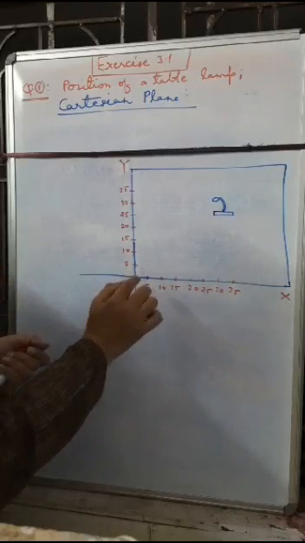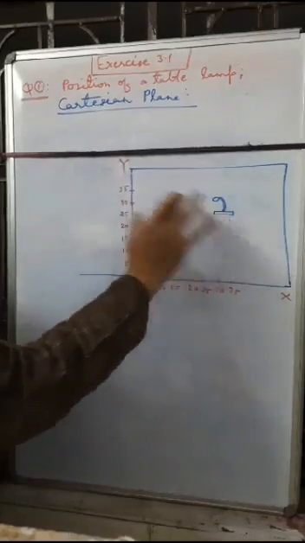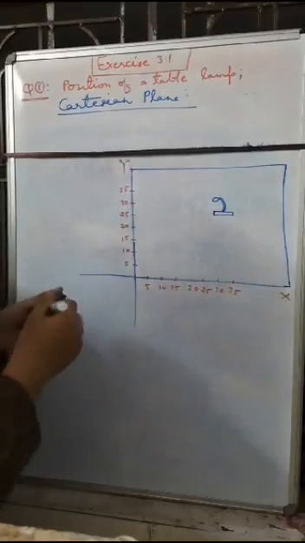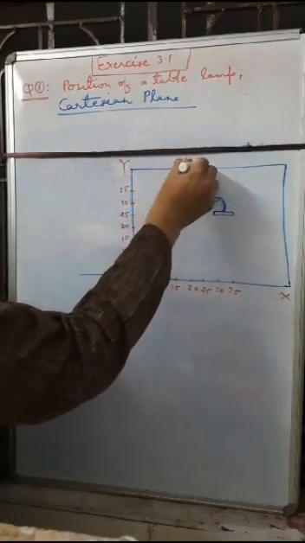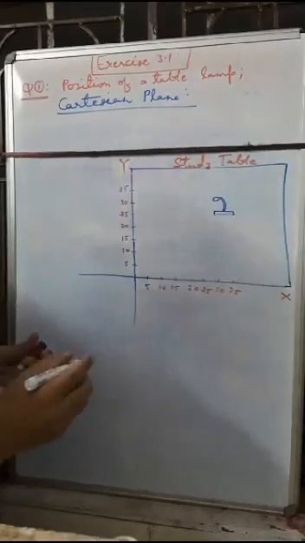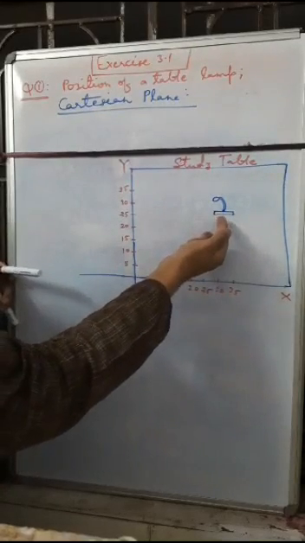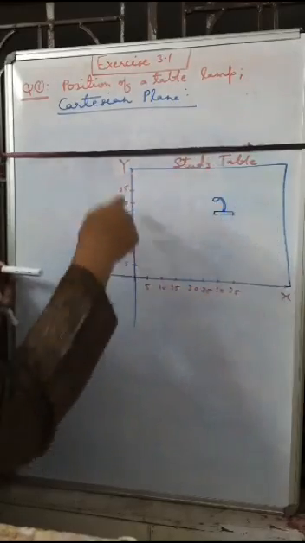There are two axes on the table, x-axis and y-axis. Suppose this is your table, and this is the table lamp. We have to give the position of this table lamp on your study table.